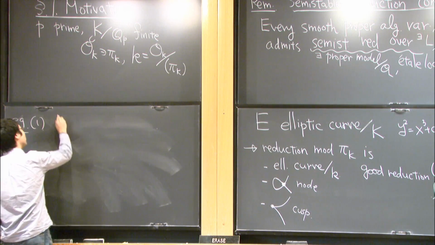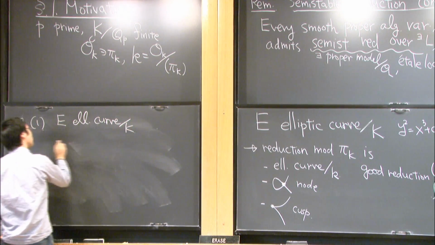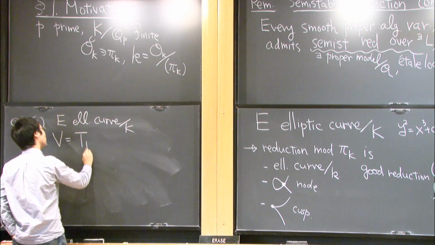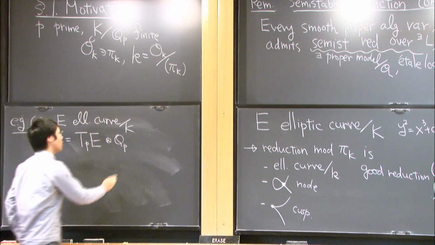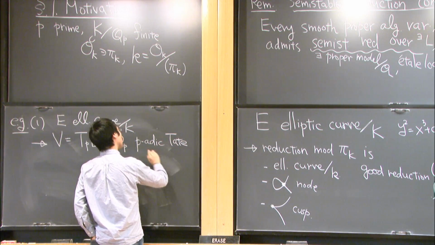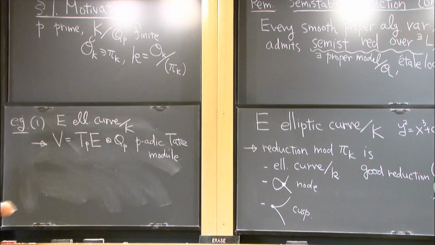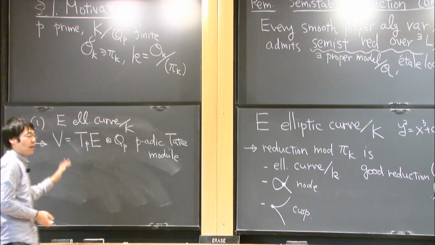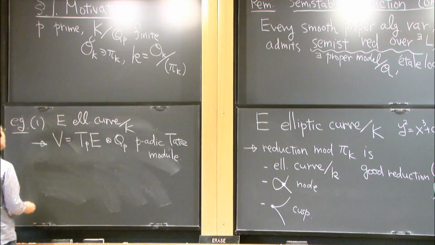If you start with an elliptic curve E over K, then you can consider the p-adic Tate module. This means you consider the p-power torsion points of E and then take the inverse limit. Since the Galois group acts on the coordinates over K bar, this is a two-dimensional p-adic representation.